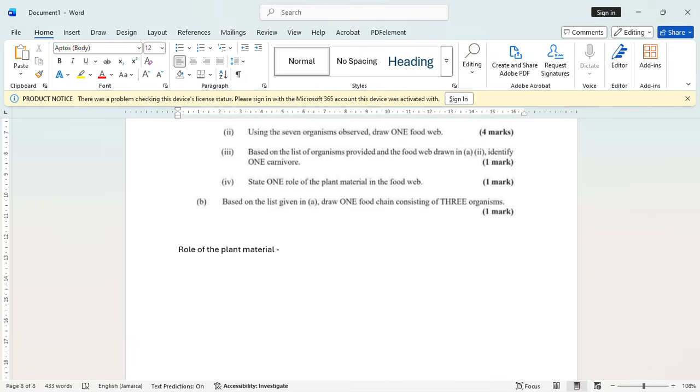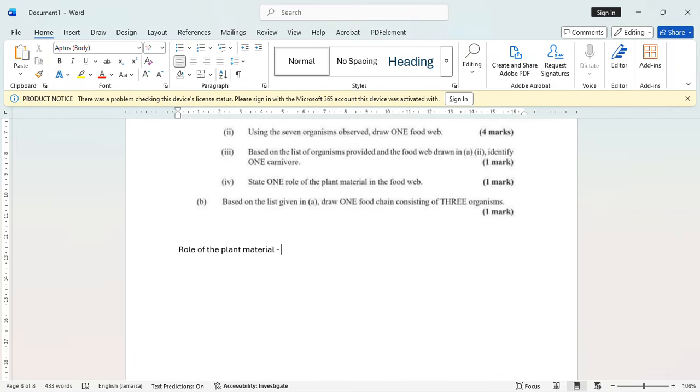So they're the only ones that convert the sunlight, along with the inorganic substances, to organic substances.